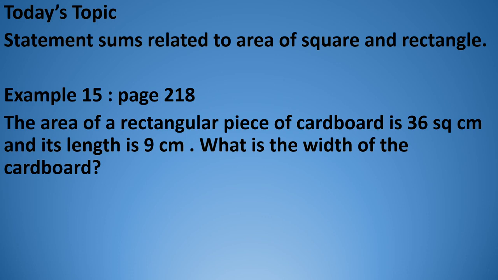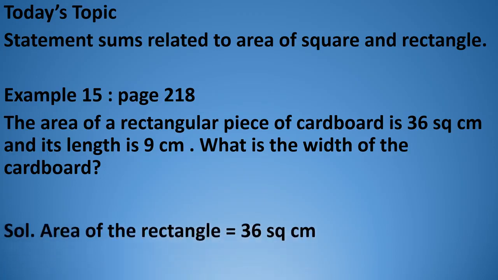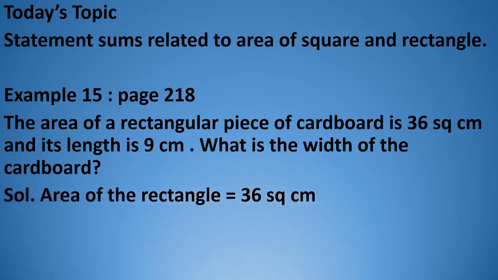This is the area of a rectangular piece of cardboard. So we will write down in the solution that area of the rectangle equal to 36 square centimeter. And its length is 9 centimeter. Clearly mention that length is equal to 9 centimeter.